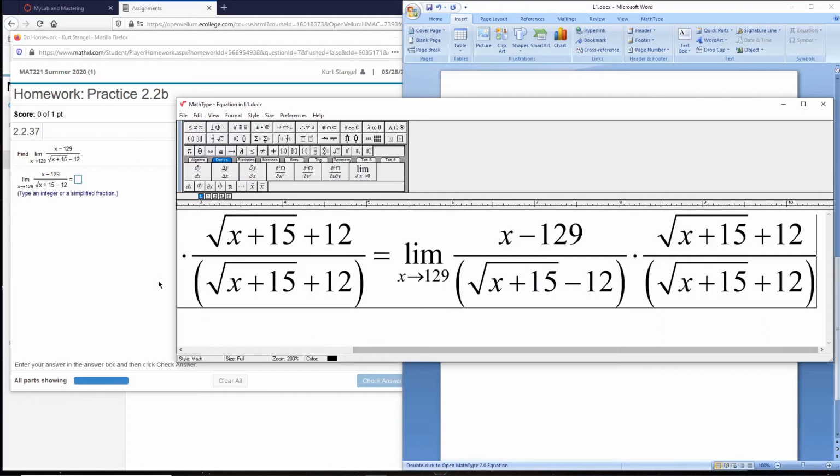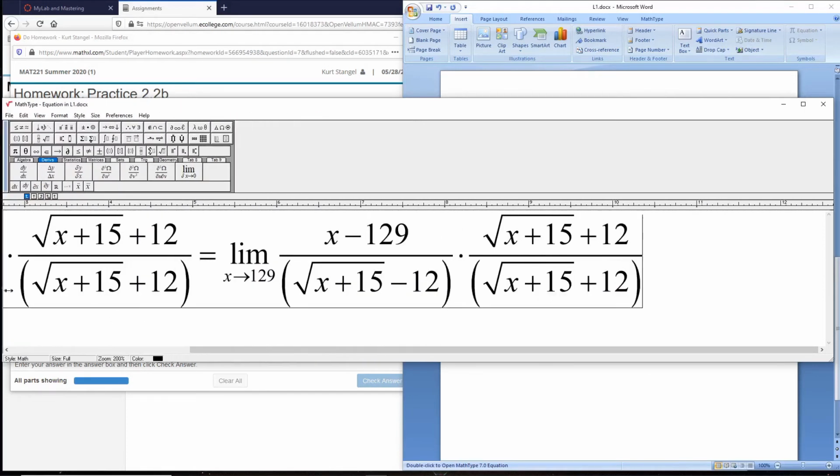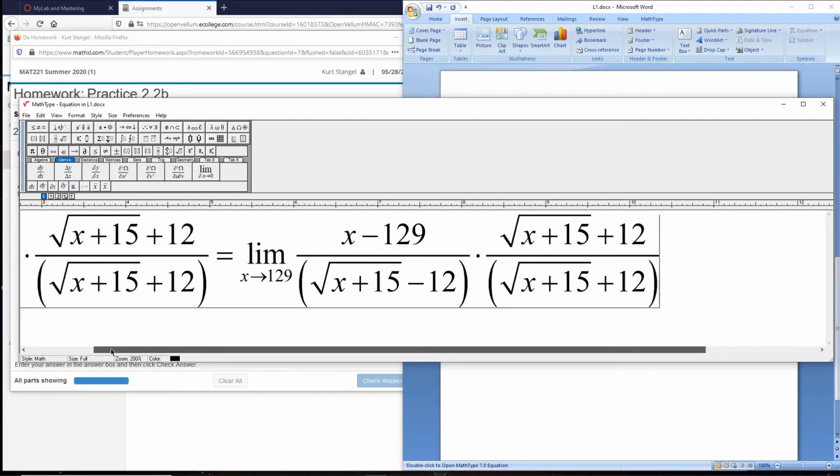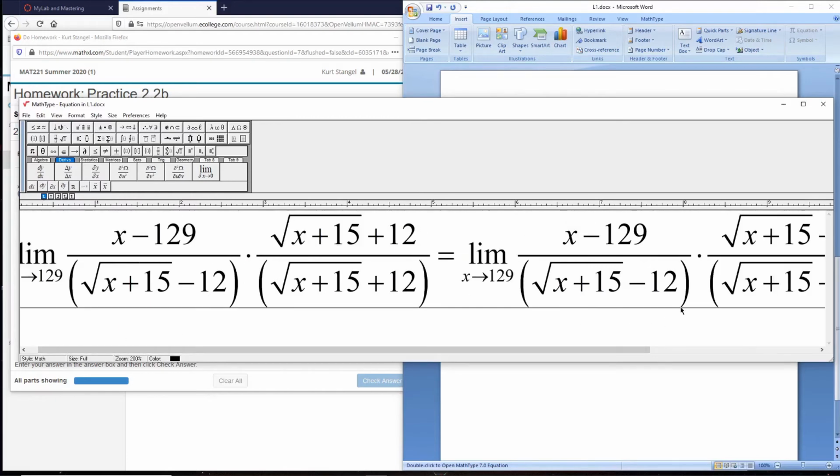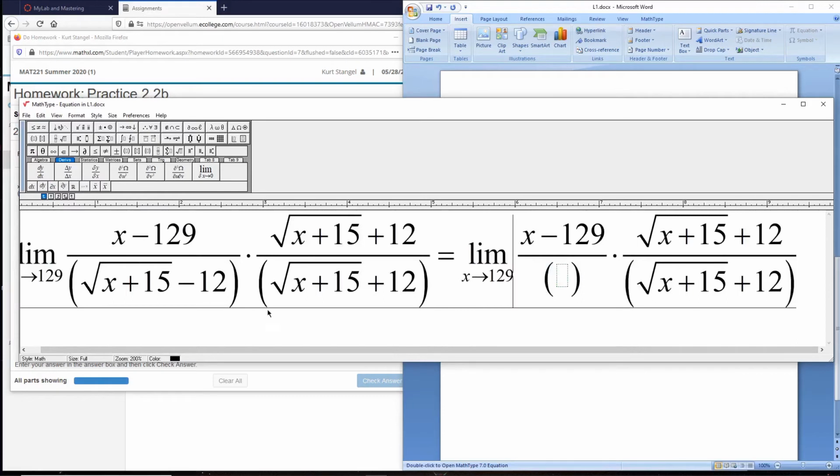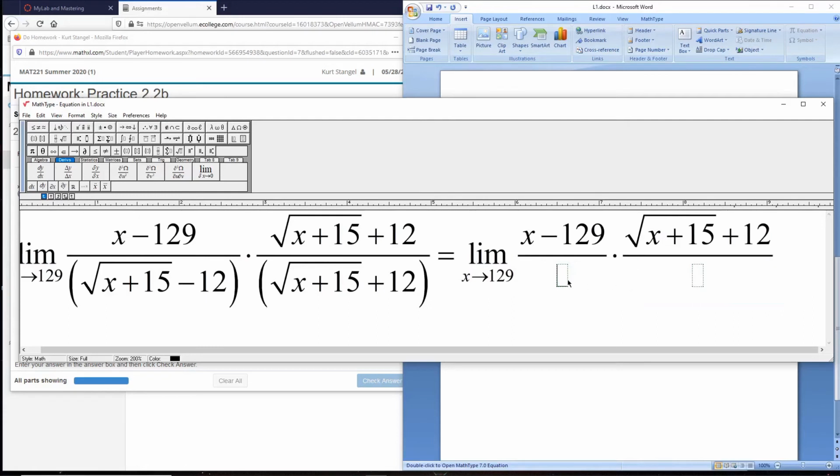So if we look at that, let me expand that out a little bit. So square root of x plus 15 times the square root of x plus 15 is x plus 15.